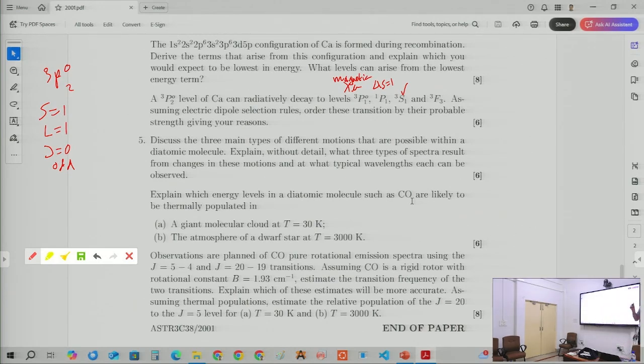It goes S, P, D, F: 0, 1, 2, 3. So L equals 3 here and L equals 1 there, so we've got delta L is 2. And that's not allowed. So this is, in the jargon, a forbidden transition.